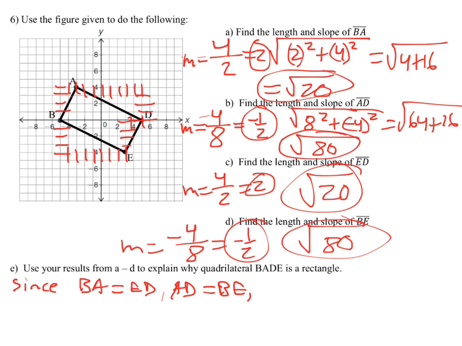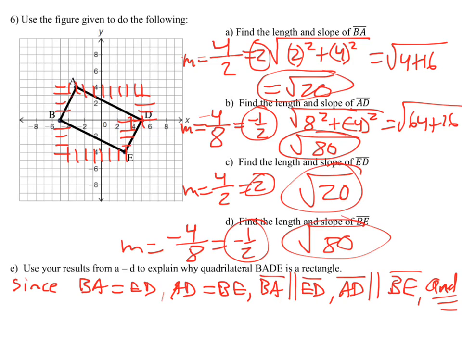The opposite sides are also parallel, so BA is parallel to ED, and then AD is parallel to BE. And there's this part here that a lot of people keep missing. If you want something to be a rectangle, you have to mention that the slopes are opposite reciprocals, and so they meet at right angles.